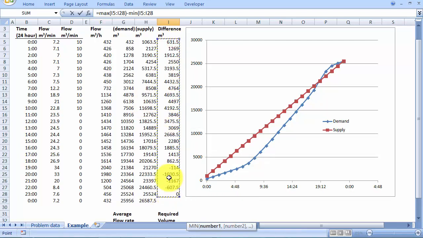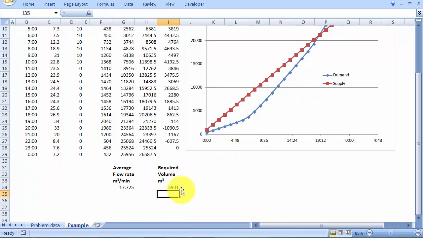So the most negative value, the point where the demand has exceeded the supply. And we would find that we need almost 6,000 meters cubed as a minimum amount.